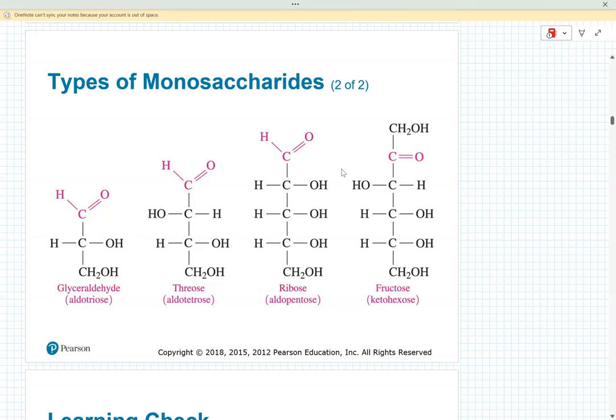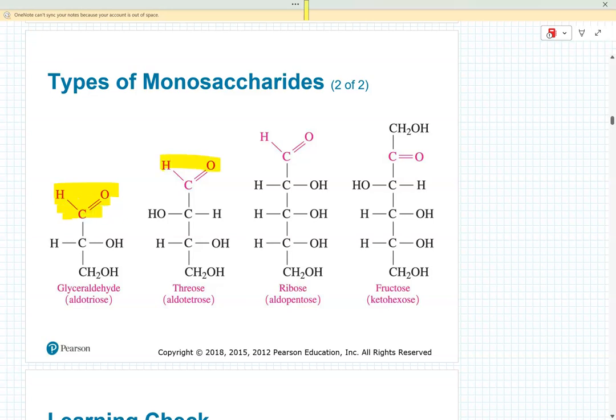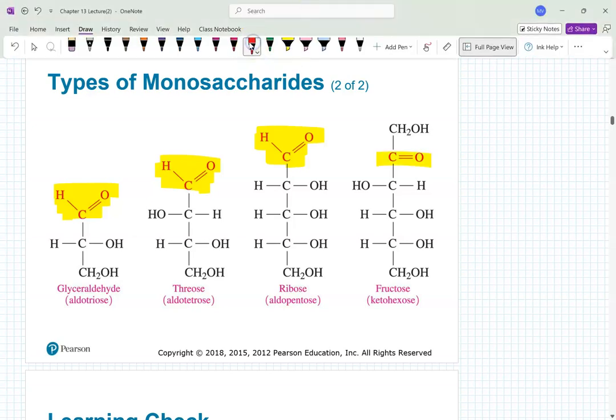I'm going to highlight functional groups first, and then I'm going to count the number of carbons and figure out why they're called so. So these first 3 are aldoses, and the last is the ketose. And then what about the number of carbons?